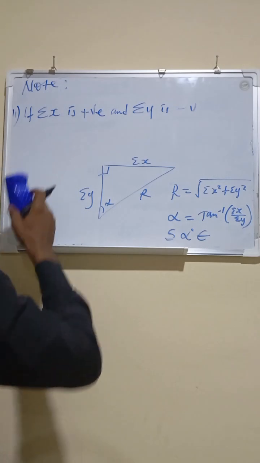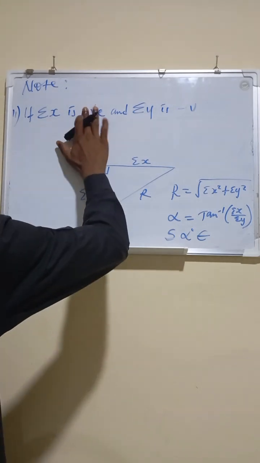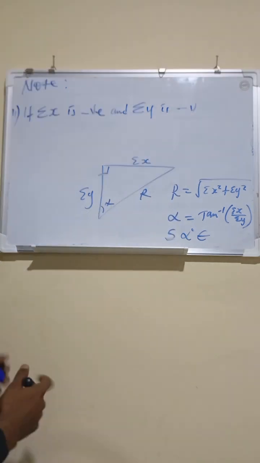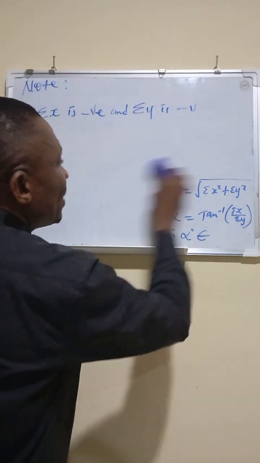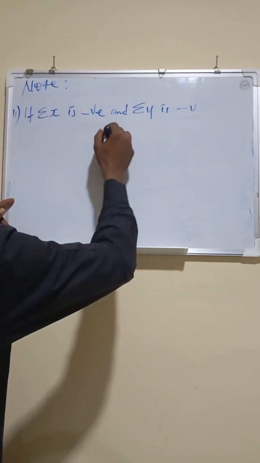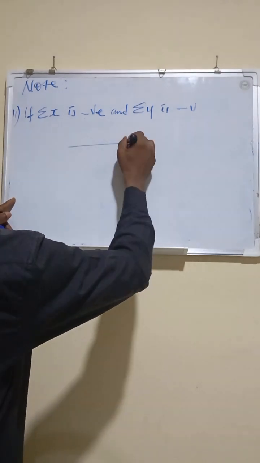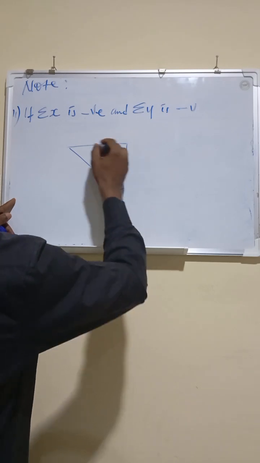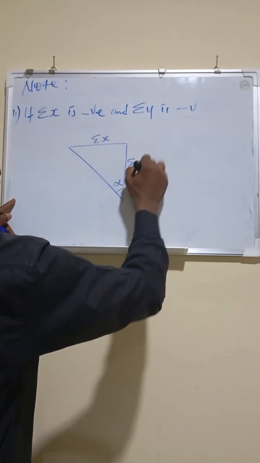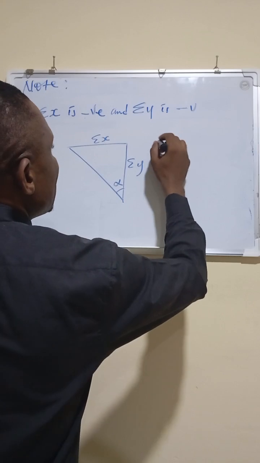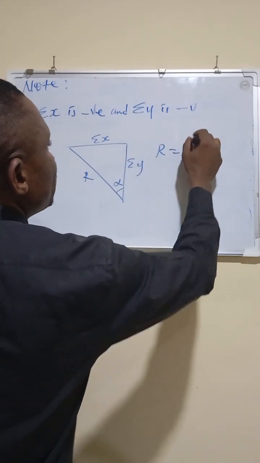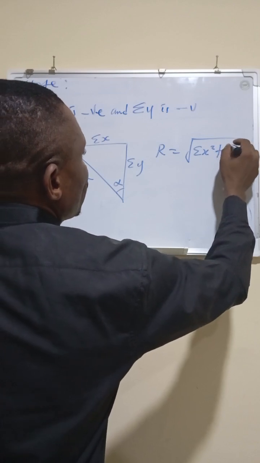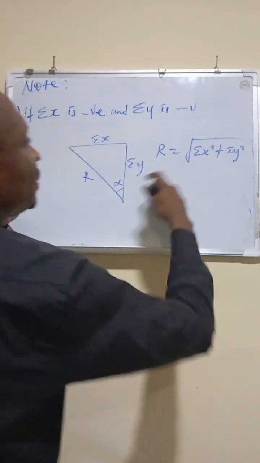Then when both are negative, let's say both of them are negative, this diagram will change. Here is still our alpha. Here will be summation of x, this is summation of y. In this case, here is R. R will still be the square root of summation of x squared plus summation of y squared.